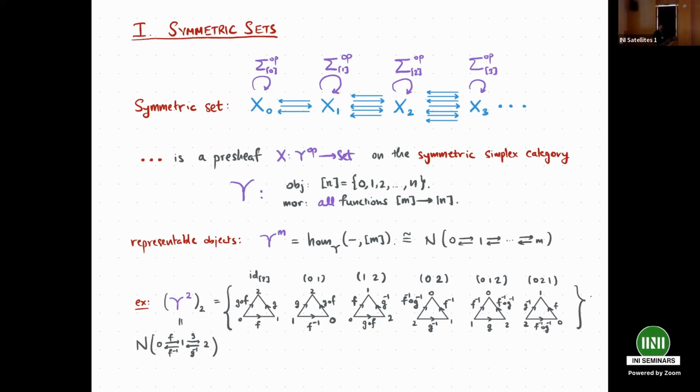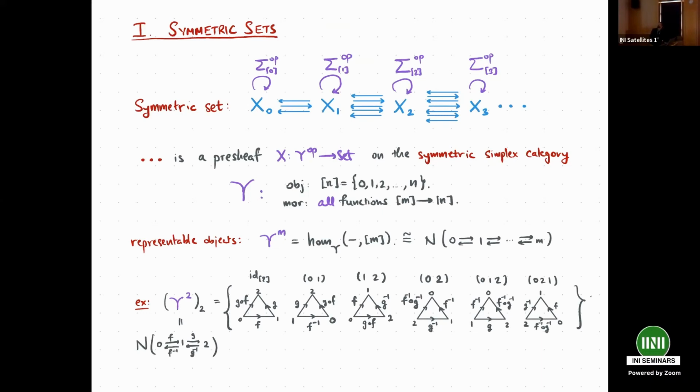But now we don't require maps to be order preserving. We allow any function from m to n. That's a morphism in Upsilon. So this is a nice skeleton of the category of finite sets, non-empty finite sets, and all functions.